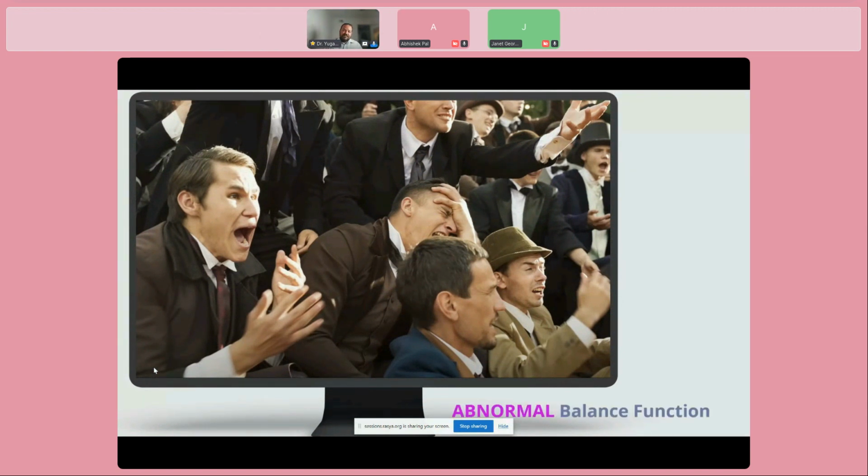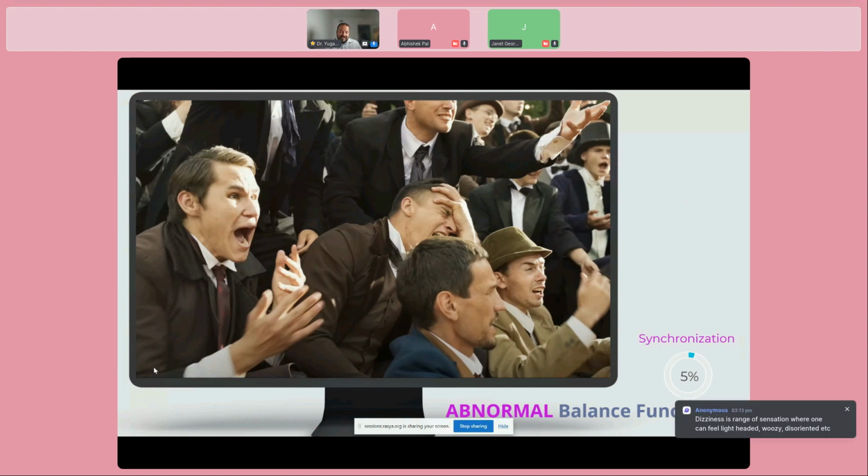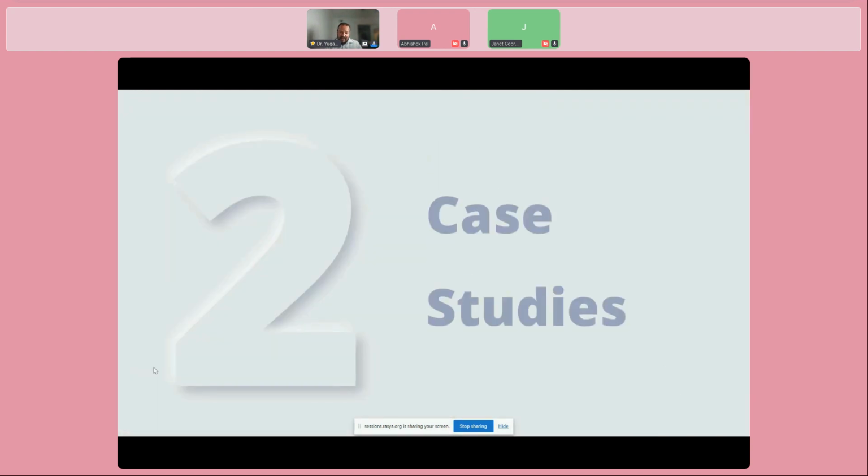That brings us to the biggest concern, because if the vestibulo-ocular reflex is gone, or probably the spinal reflexes are gone, or probably the colic reflexes or any other system is affected, including the vestibular nuclei synchronization, then you are looking at a bigger problem.